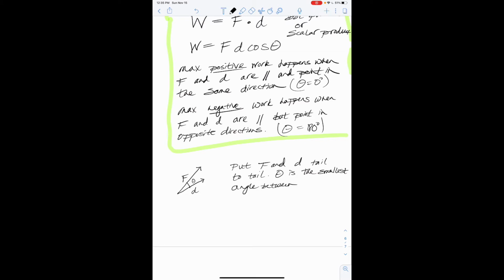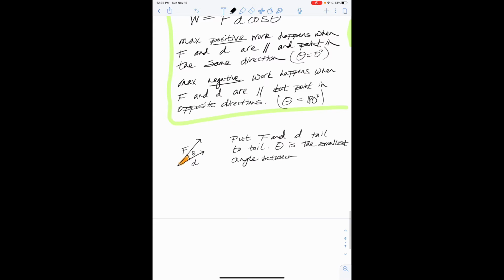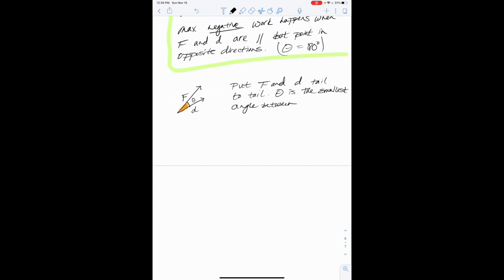I mean, you could just think of theta as being the way it normally is, but this works better, I think. All right, so theta is the smallest angle between, and so we have this drawing here to go off of, and this is going to work for us.